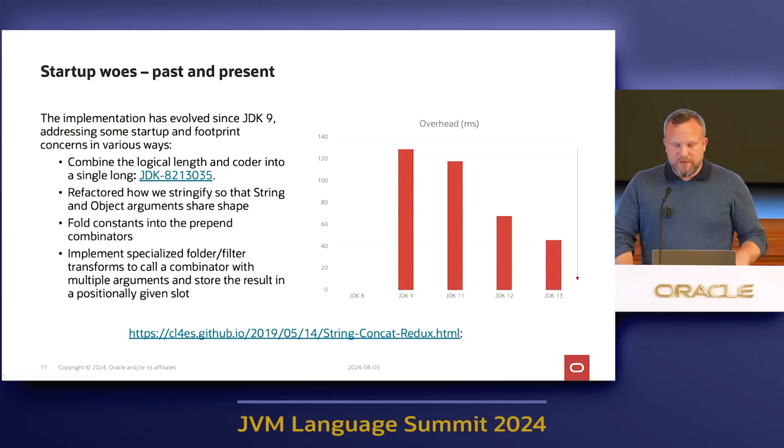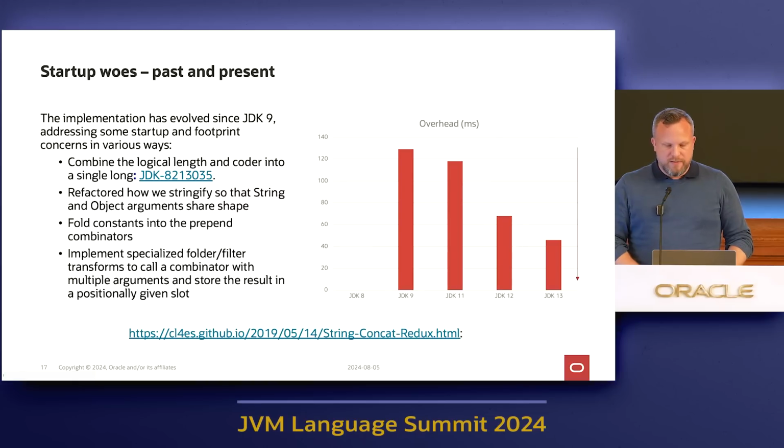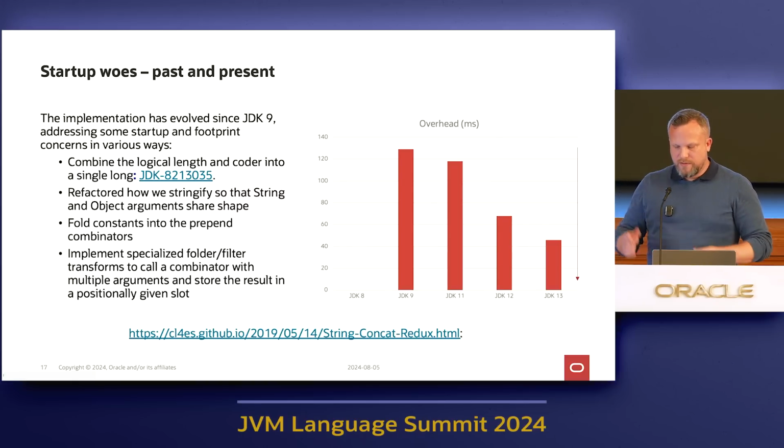We got that down over the course of a couple of releases to a more manageable amount, depending on the complexity of your application, an integer factor speedup, at least, of that initial overhead.